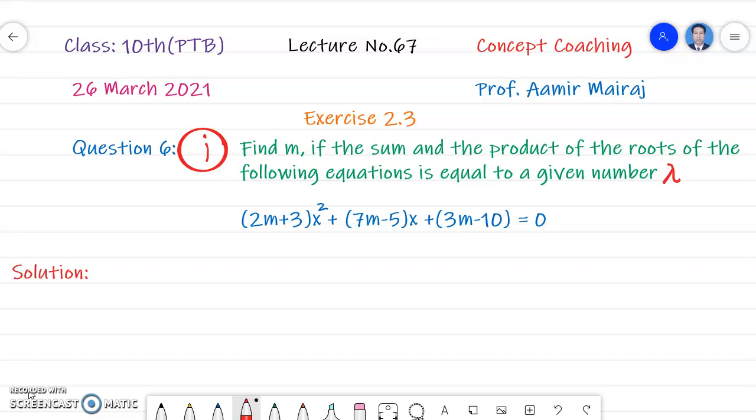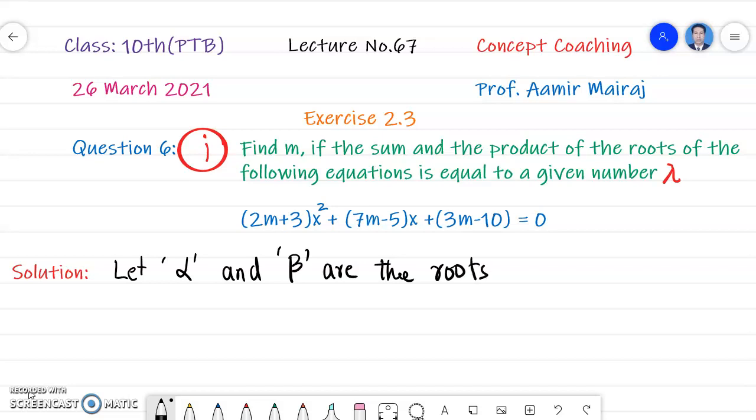First of all, we suppose that alpha and beta are the roots of the given equation.